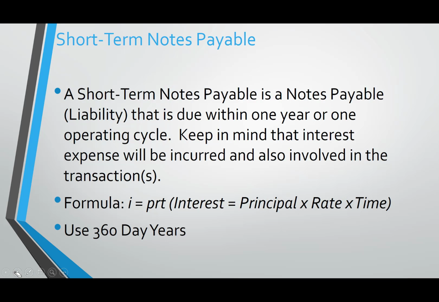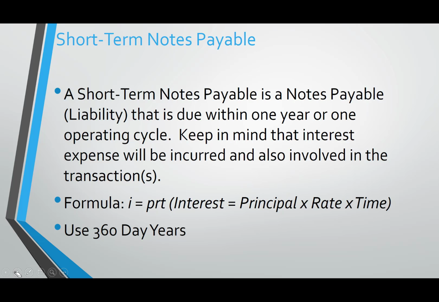Okay, so then we shift gears and we look at short-term notes payable. Remember, if we have notes payable due within 1 year or one operating cycle, that would be considered a short-term notes payable. And we will really have to deal with any interest expense, and if it doesn't come due until the accounting period ends, what adjusting entry do we have to do?